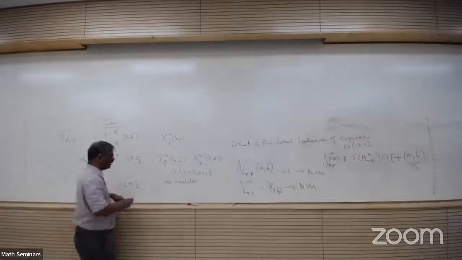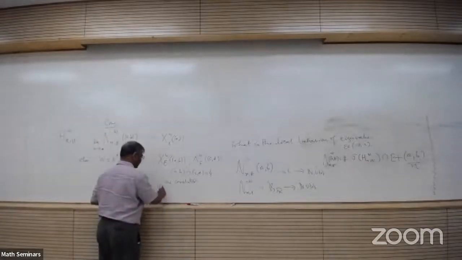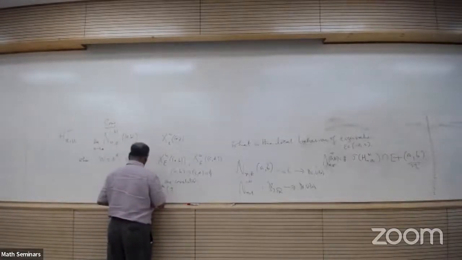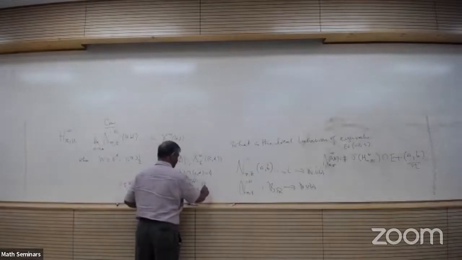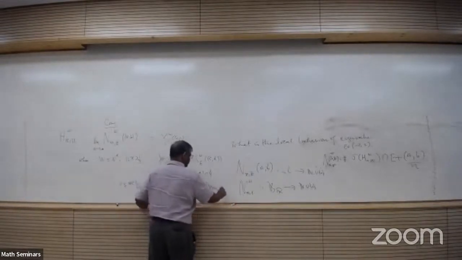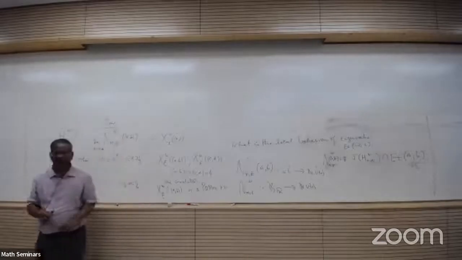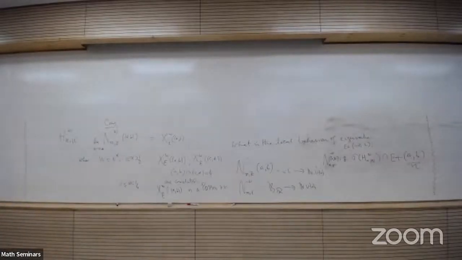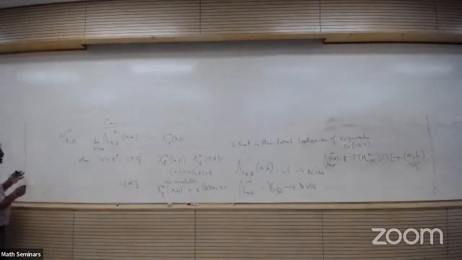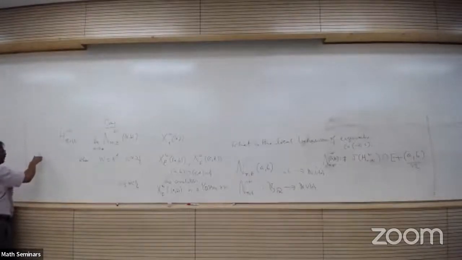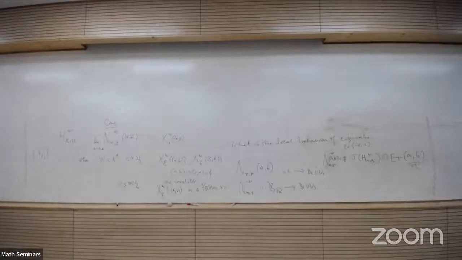Then these random variables of any interval AB is a Poisson random variable. That is, its distribution is a Poisson distribution. And again, these conjectures don't depend on the distribution of the random variables V_ij, this collection.